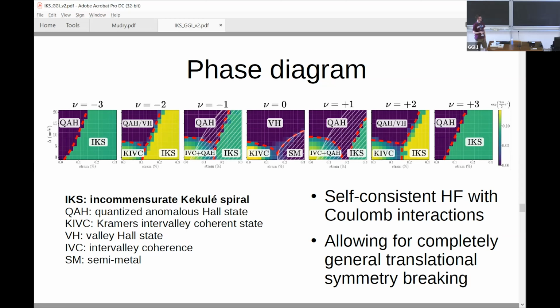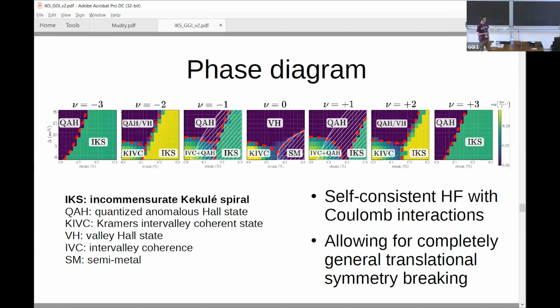And by the way, these are all Hartree-Fock results that we did including Coulomb interactions with the continuum model. And we allowed for any kind of translational symmetry breaking because, as I said before, we expect translational symmetry breaking to be relevant here based on these heuristic arguments for the Hubbard and quantum Hall limits.